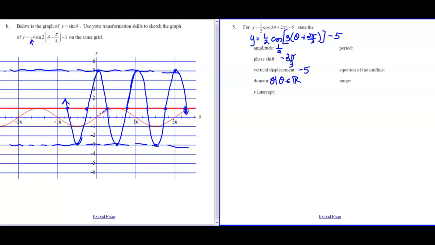Domain is all real numbers. I'll leave the y-intercept for right now. Period, 2 pi divided by 3. Equation of the midline.